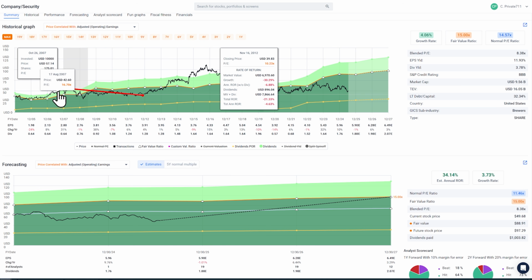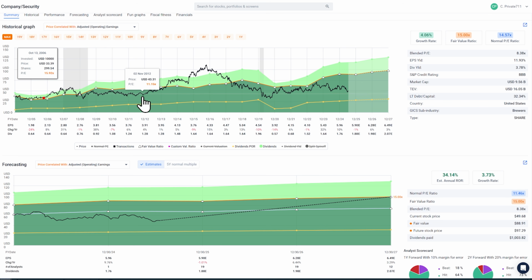But the problem was overpaying for the stock led you to actually lose over 30% of your value on the stock price because you paid a high value for it. Now, had you bought the stock at a better value even a year or so before and held it through basically that same time frame, you'd actually have eked out about a 6.57% rate of return.